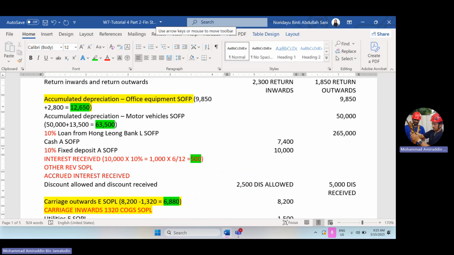Depreciation expense, SOPL; accumulated depreciation, SOFP. Here, interest received, SOPL; accrued interest received is your asset, SOFP. It's always with the twin, the matching. It's not standalone. Normally you have this kind of adjustment. By the way, I forgot the amount, 500. Okay? If you're not okay, please stop me, yeah?